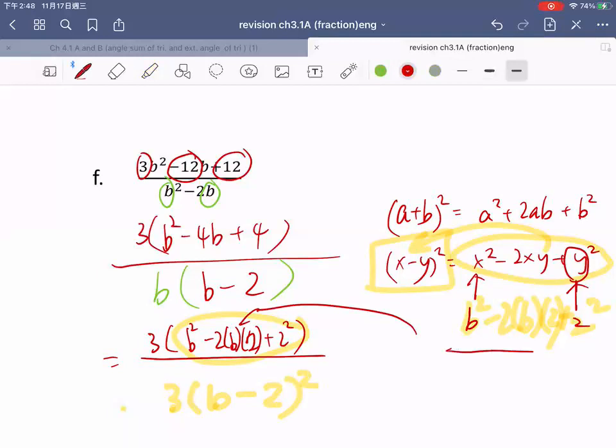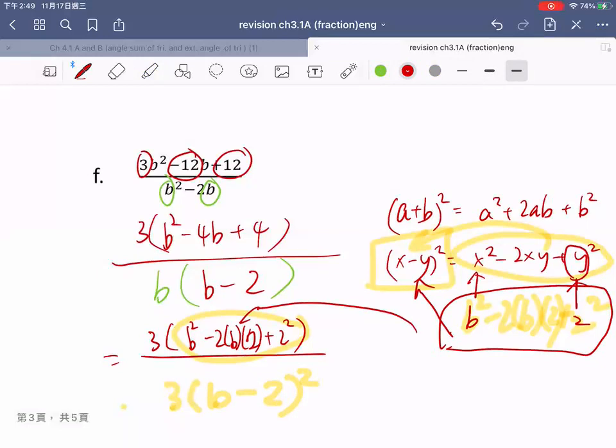Because you have this pattern, and this time x is b and y is 2.